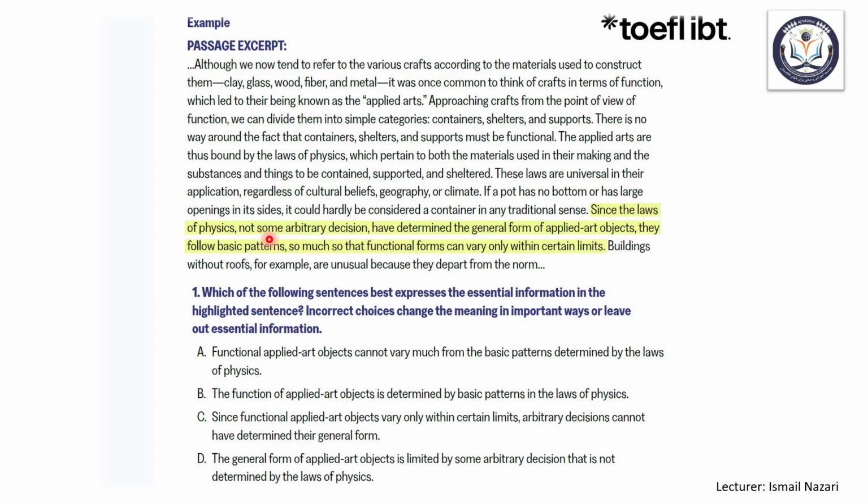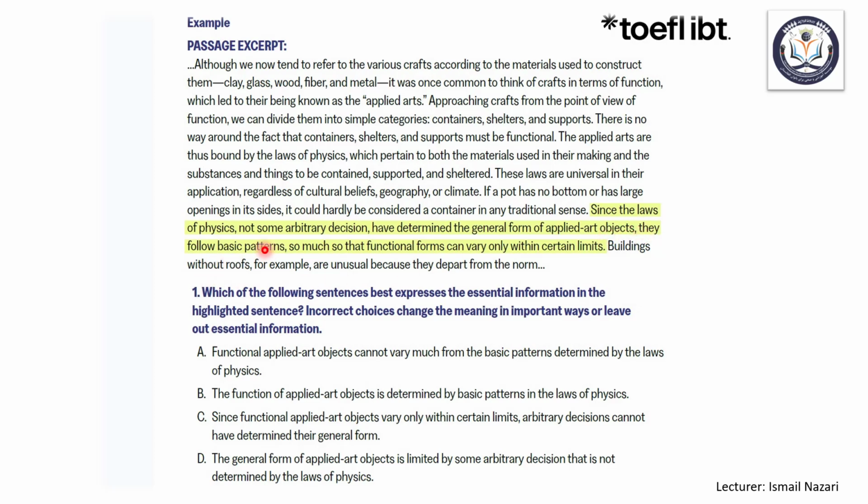The laws of physics have determined. Look at this: since the laws of physics have determined the general form of applied art objects. It means because the laws of physics determine the general form of applied art objects, because of this, what is the result?